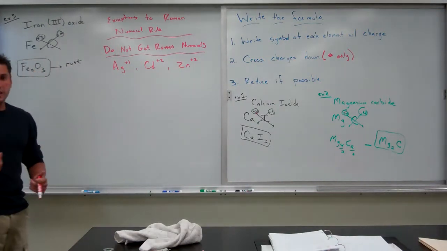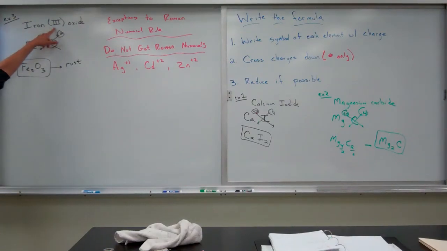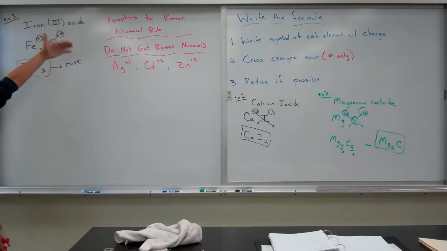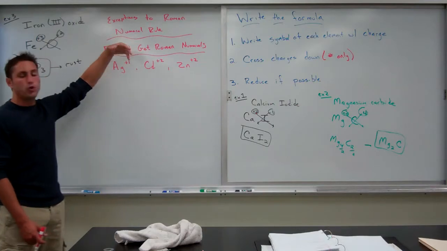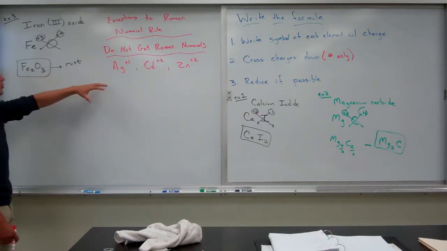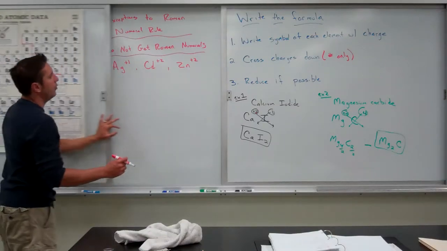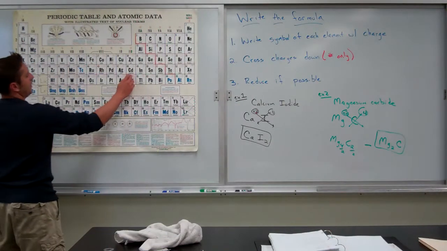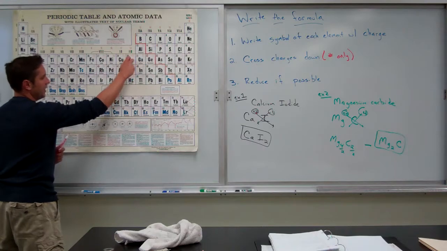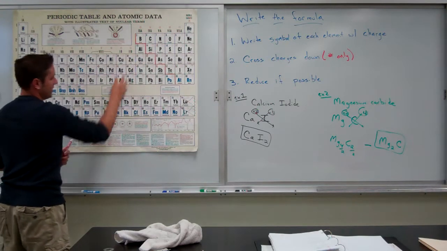So because they always carry the same charge, it doesn't make sense to say silver I oxide, right? Because it's always going to be silver I oxide. It's never going to be something different. So you don't give Roman numerals to silver, cadmium, and zinc, even though those three elements fall in the transition metal section.